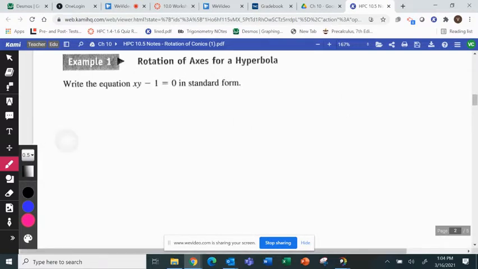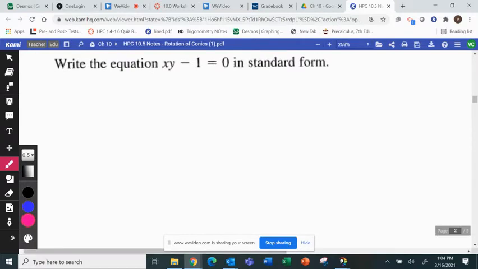Okay. So the first thing we're going to do, this equation has an xy term in it. So we need to get rid of the xy term. We need to change this equation. I'm going to start out by just listing A, B, and C so that I can fill out cotangent 2 theta is equal to A minus C over B. So in this equation, A is next to x squared.